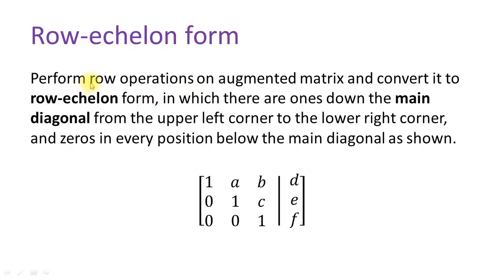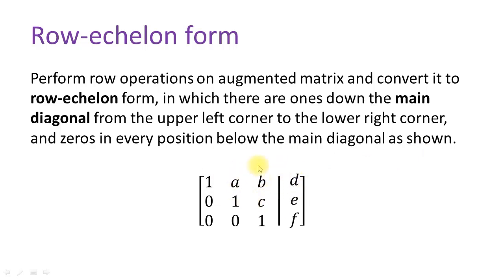For row echelon form, perform row operations on the augmented matrix and convert it into row echelon form, in which there are ones down the main diagonal from the upper left corner to the lower right corner, and zeros in every position below the main diagonal as shown here.